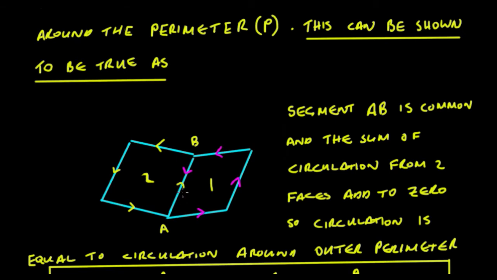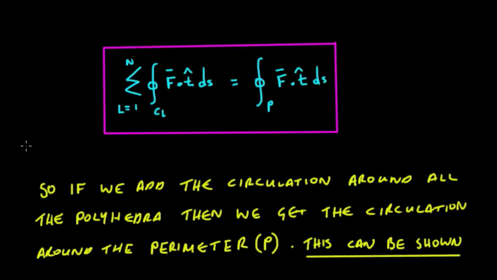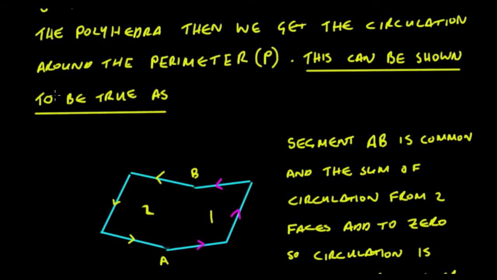So it means that these cancel out, so you're only going to be left with, in the end, the circulation around the outer perimeter. Okay, so that's what this little equation here is telling us.